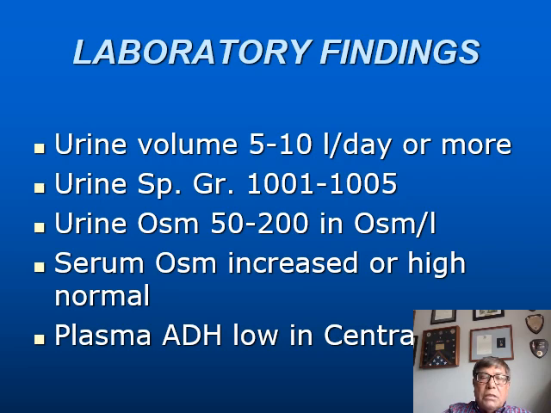Urine osmolarity is 50 to 200 milliosmol, and serum osmolarity is also increased to high normal. Electrolyte-wise, it is important: they have hypernatremia, which could be mild, or if the patient is drinking enough fluid, then you may have an upper normal sodium, but certainly it is not going to be low normal. Okay, so that is important.